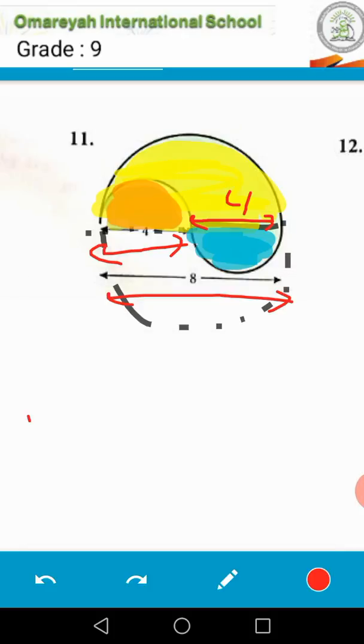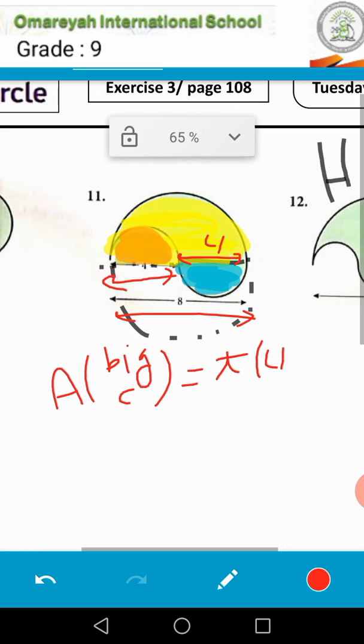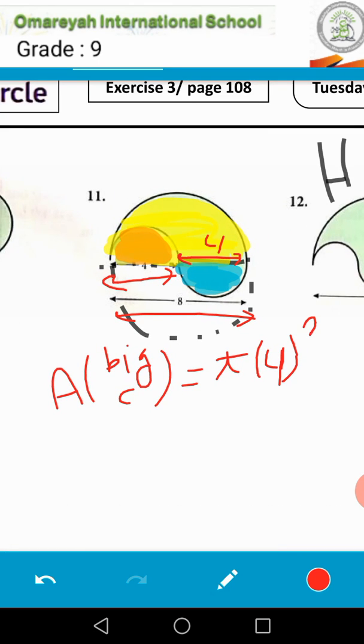Now we are going to find the area of the big circle, which is pi r squared. Can you give me the radius? What's the radius of the yellow circle? It's written here: 4 squared. This is the area of the whole circle.